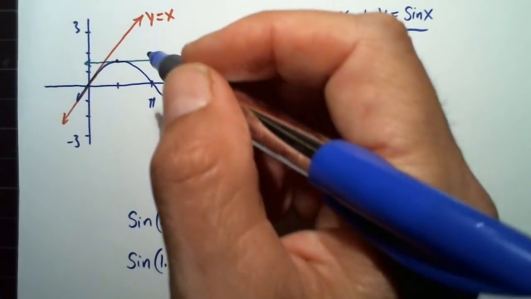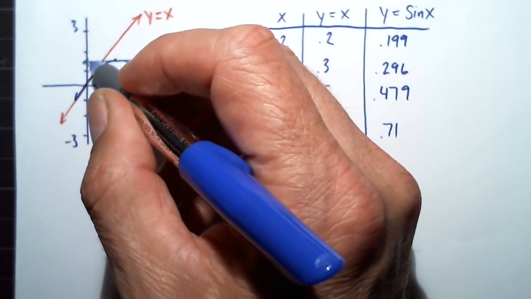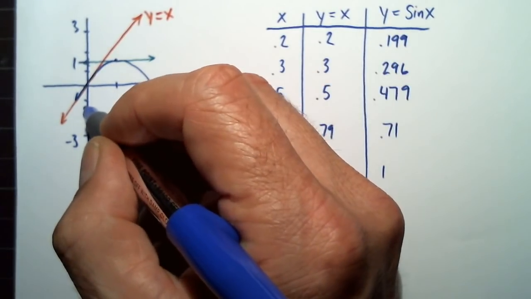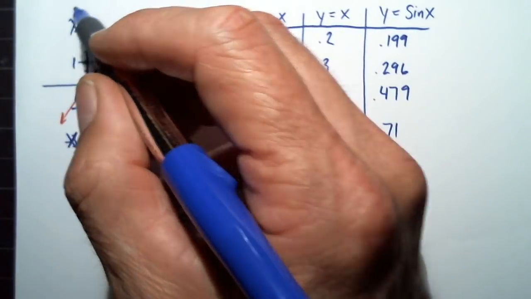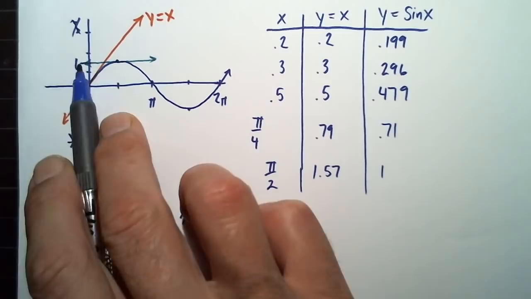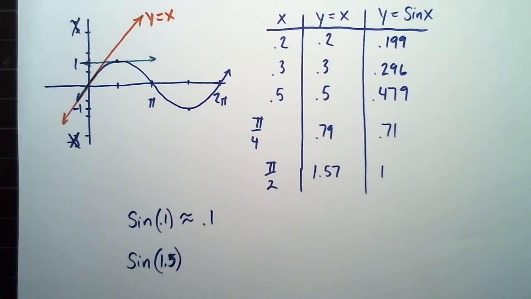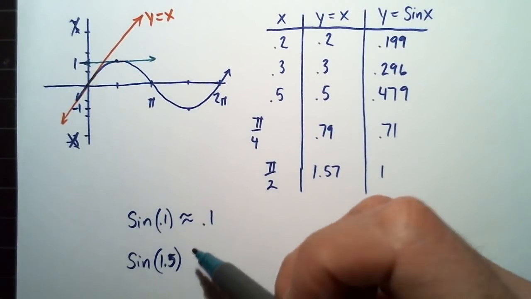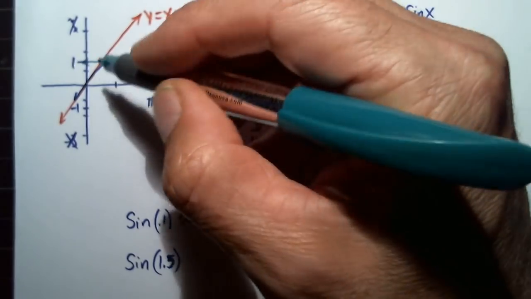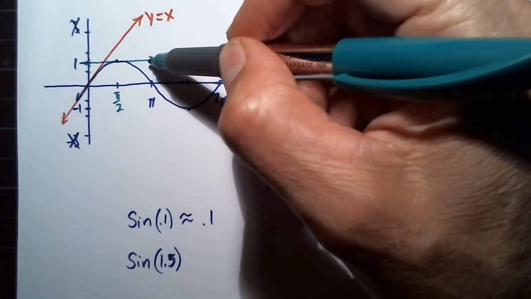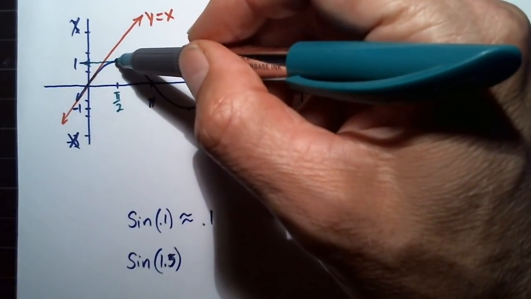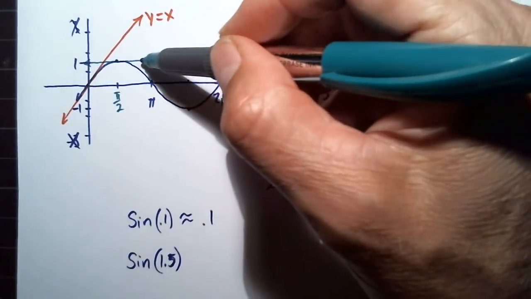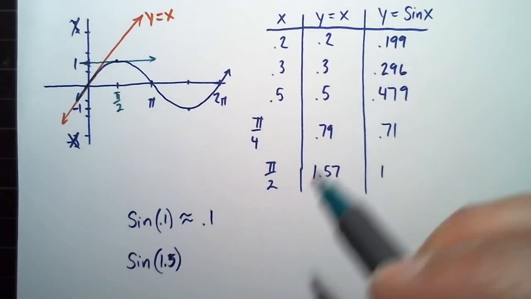Well, I just noticed that on this graph, the scale is off. This should be at 1, so let's just call that a 1. And that should be at -1. So let's just do that, because we know that that should be at 1. All right, so if we drew a tangent line at pi over 2, we know the y value at pi over 2 is 1, and that's a horizontal tangent line because it's at a maximum.